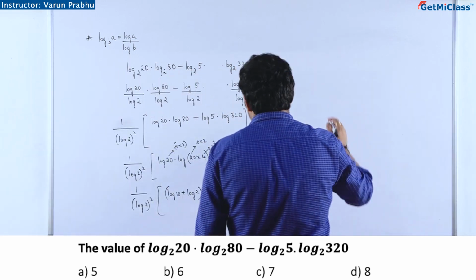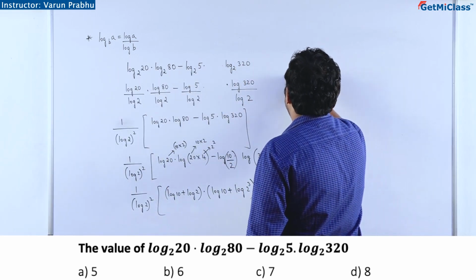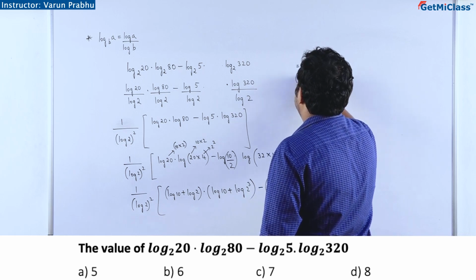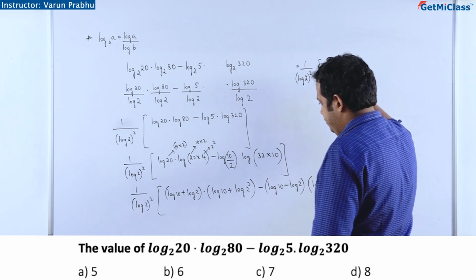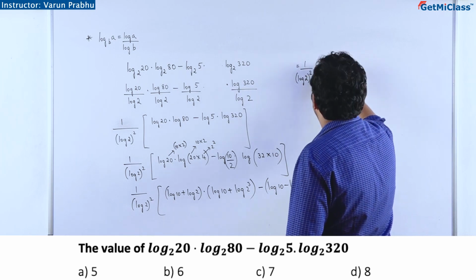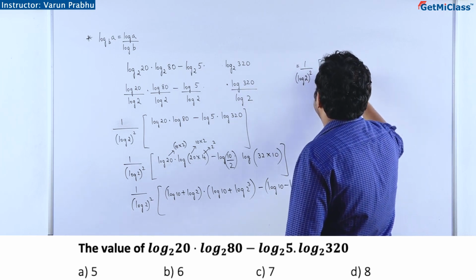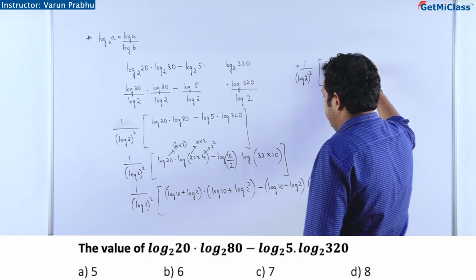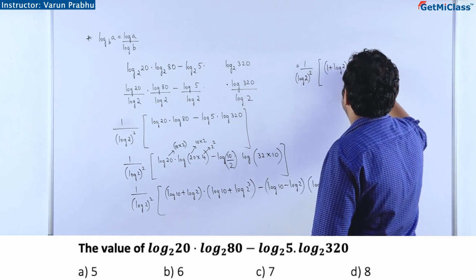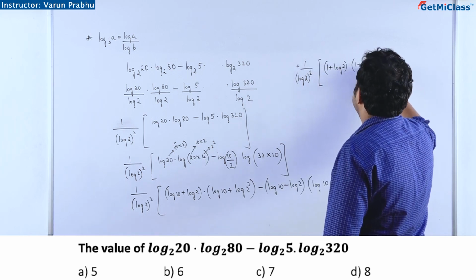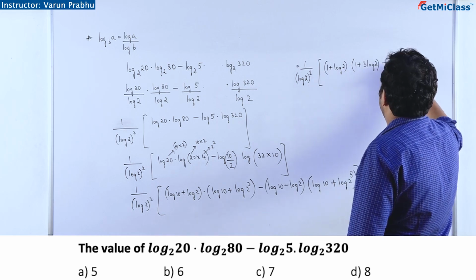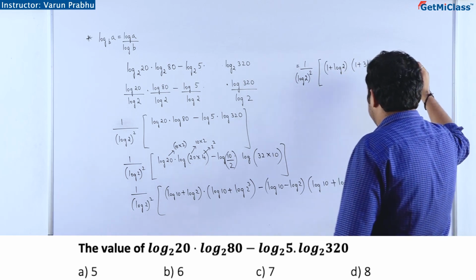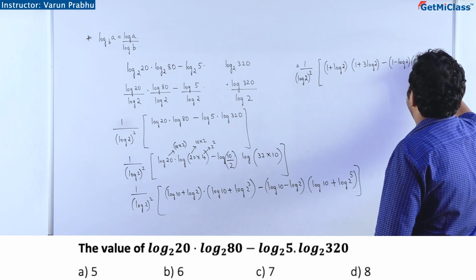Log 10 is 1. This can be written as 1 divided by log 2, the whole square, into 1 plus log 2 into 1 plus 3 log 2, minus 1 minus log 2 into 1 plus 5 log 2, correct?